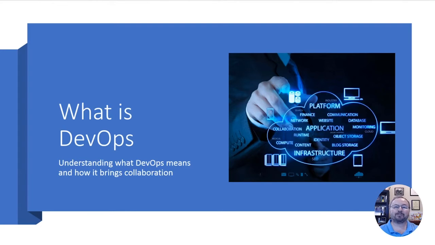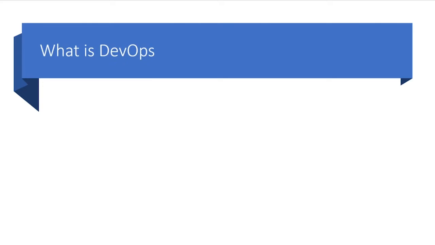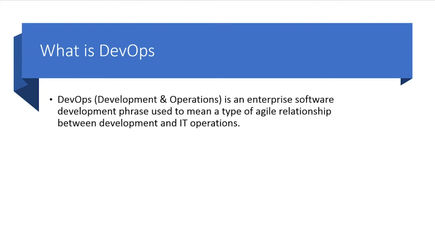What is DevOps? DevOps is, of course, a very common term that's used in IT, and we want to know what exactly this means. So DevOps is really more or less a collaborative effort between operations and development. That's where the term came from, Dev and Ops.